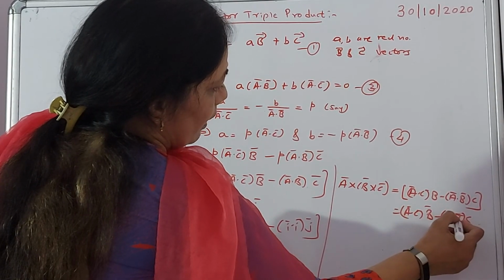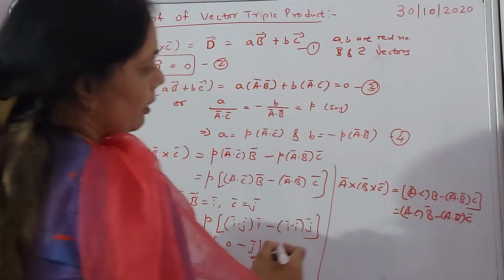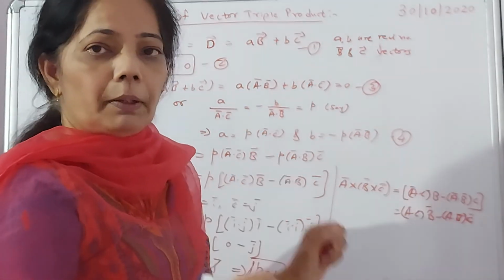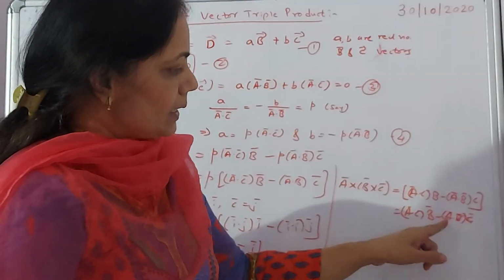This is the value in short for my vector triple product, ACB minus ABC.